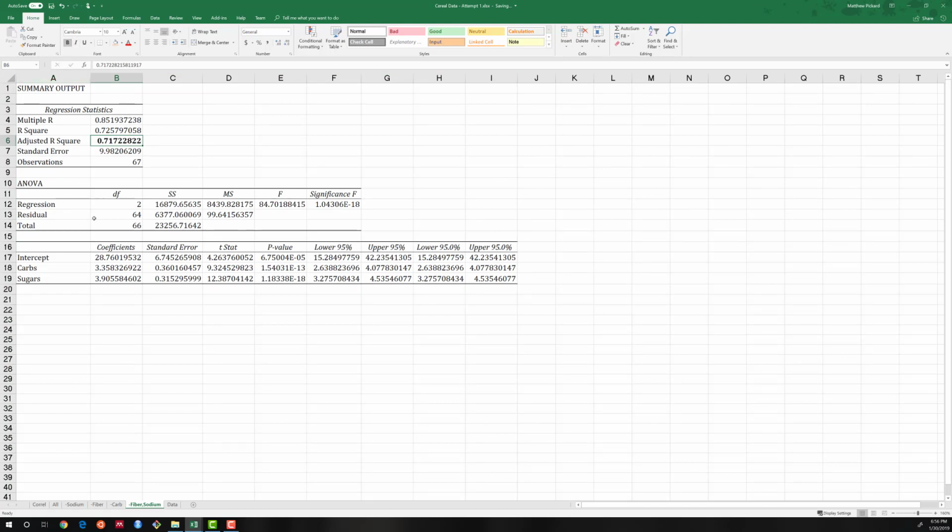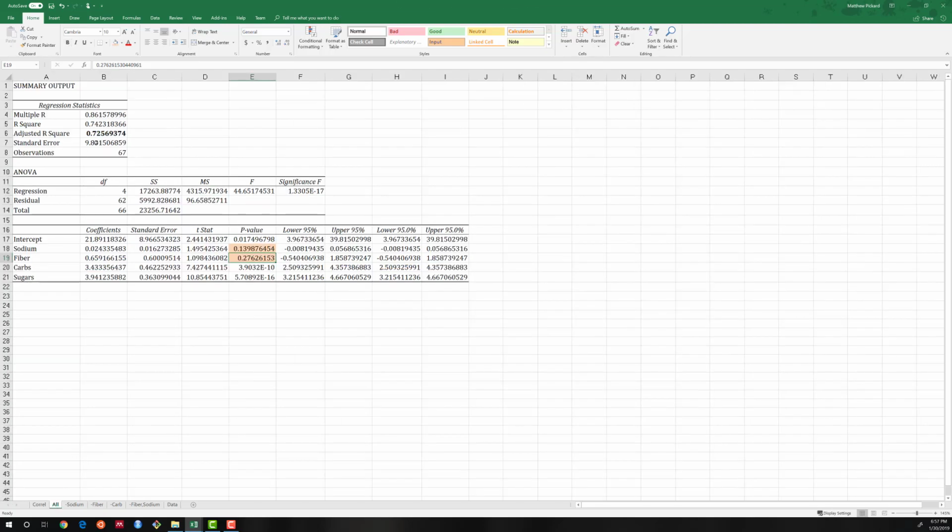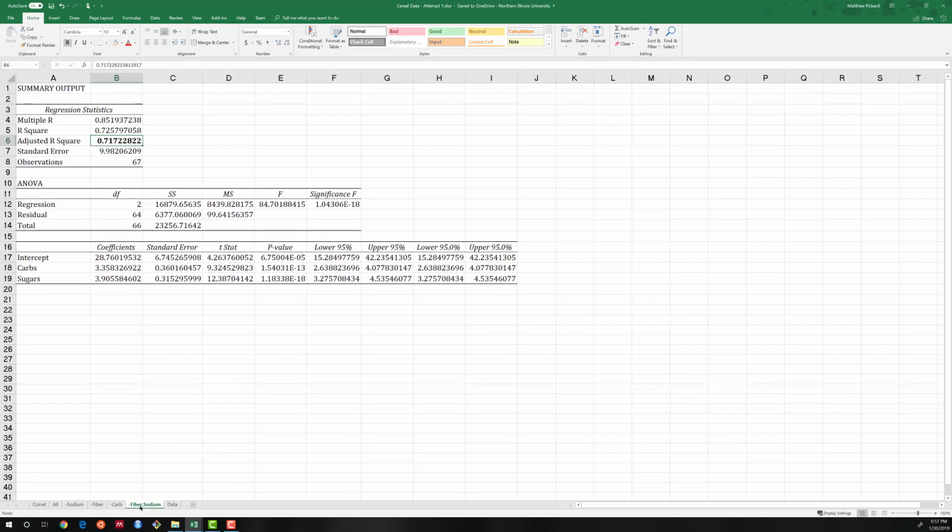It's 0.717 compared to our fiber, which was 0.724. And if we even go up one more outer nesting, 0.725. So 0.725 compared to 0.717. It didn't really go down that much, given taking those out. It's not adding that much more explanation having them in.